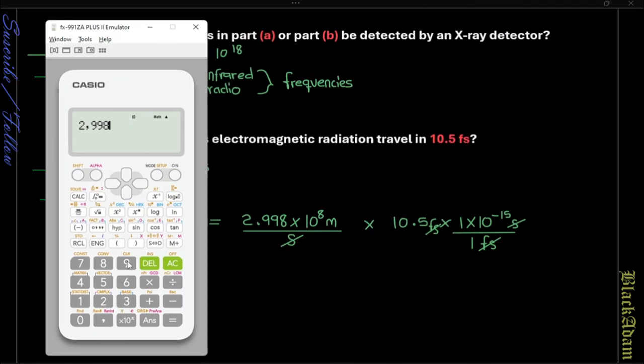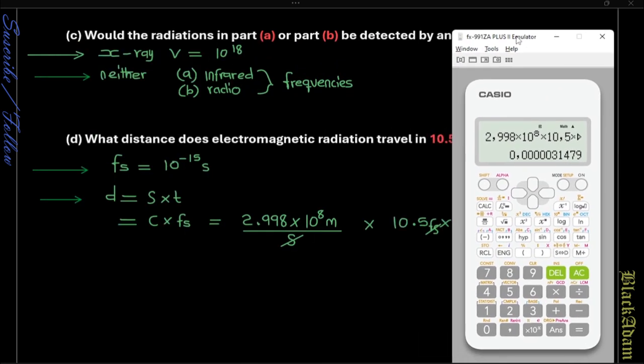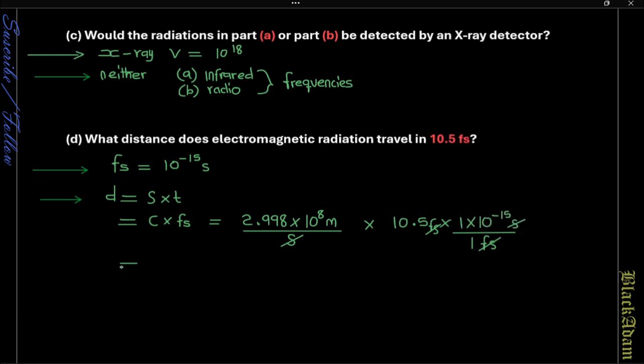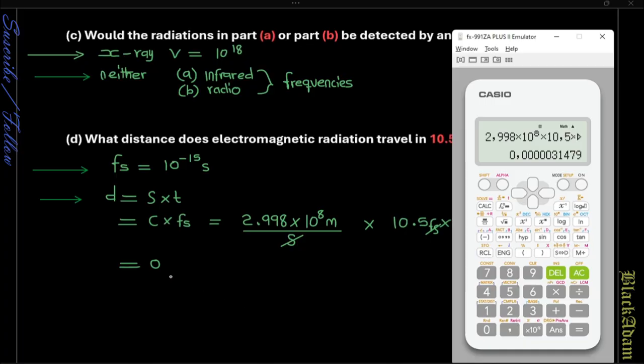And so 2.998 multiplied by 10 to the power 8 multiplied by 10.5 multiplied by 10 to the power negative 15 gives us 0.00000315 and so on.